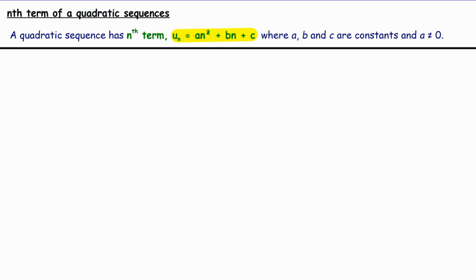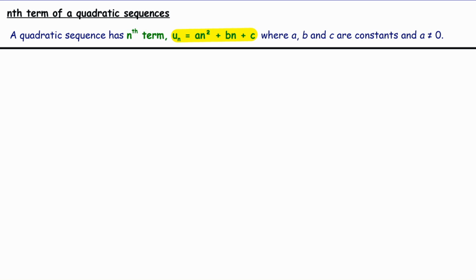They're just numbers, okay? It could be a positive number, a negative number, a fraction, any number that's a member of the real numbers. And A is not equal to 0, because if A is equal to 0, then we have a linear sequence. We won't be having a quadratic sequence. So A is not equal to 0 for you to have a quadratic sequence.